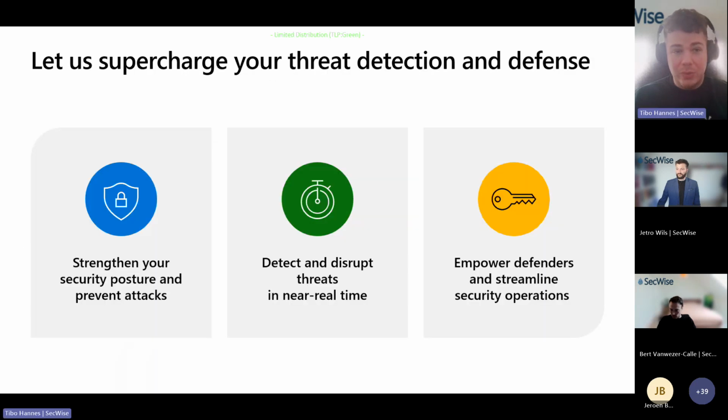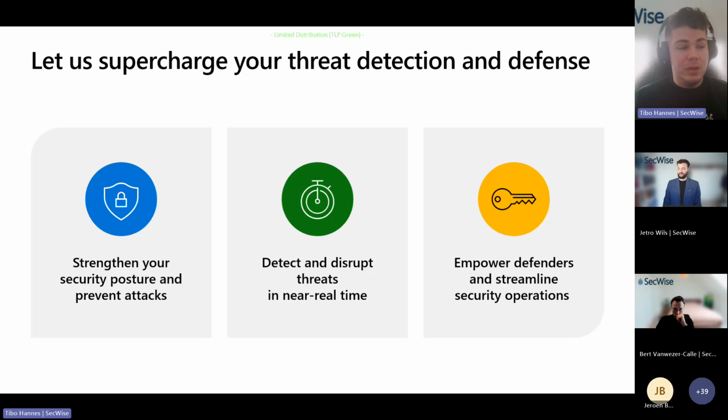What is also very important to up our defenses is to strengthen your security posture. First and foremost, we want to prevent attacks. We want to make sure attackers have as few resources as possible to get into your environment. Now, as said earlier, nobody is perfect. There's always a way to get through. In that case, we want to detect and disrupt threats in near real time, so as quickly as possible.